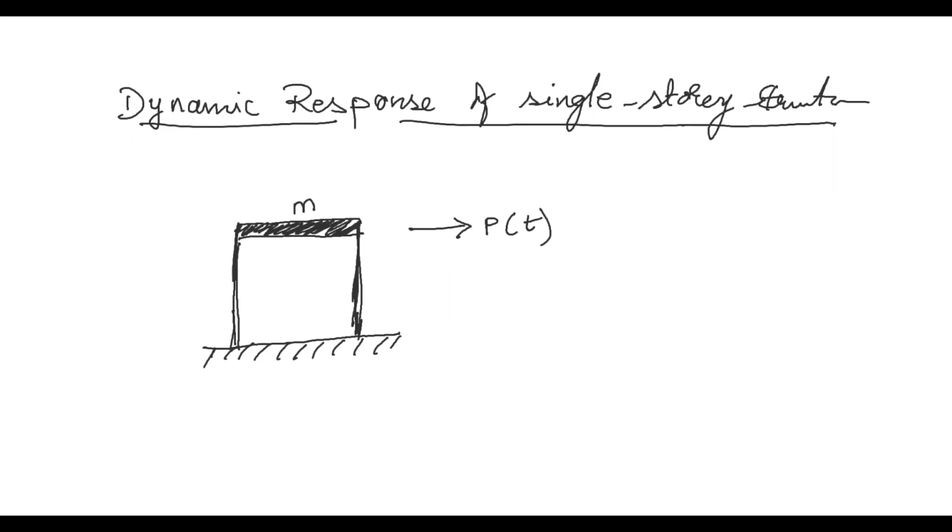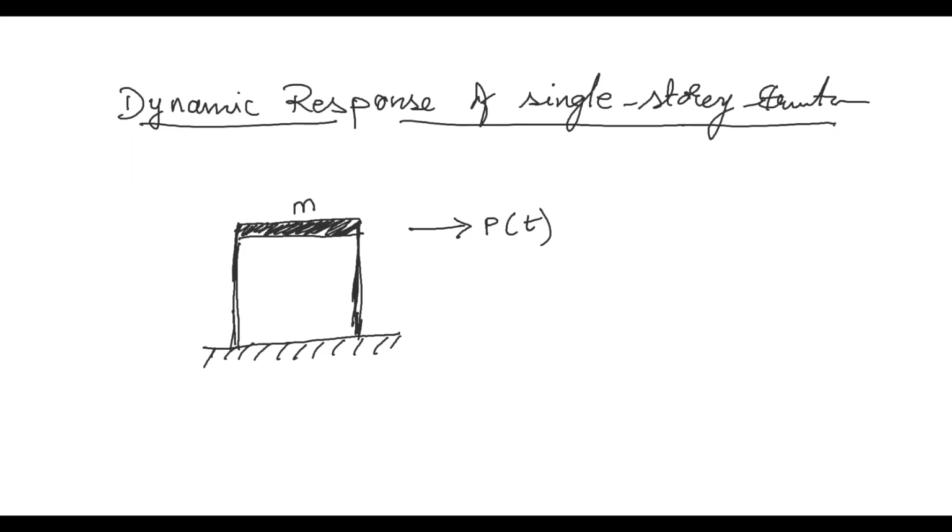Now the internal parameters, what will happen? This mass is going to oppose this force, right? Whatever mass m is there, it is going to oppose this force, and the columns are also going to oppose the external force through stiffness. The columns will not bend easily, they are going to give some resistance to the external force, that is P of t.